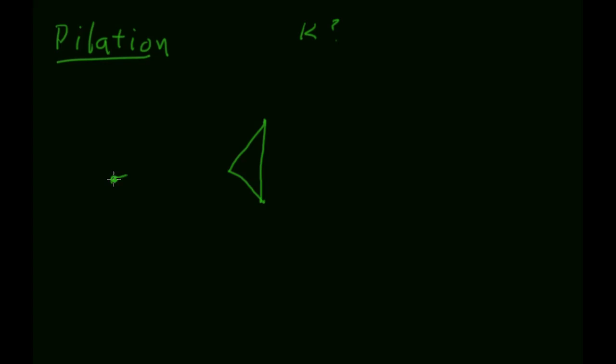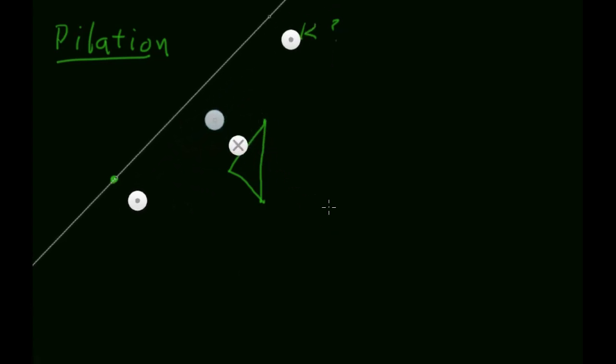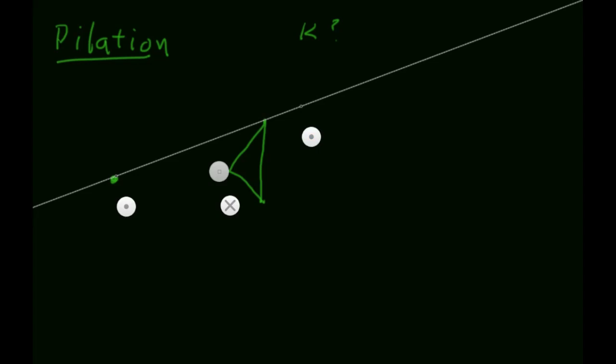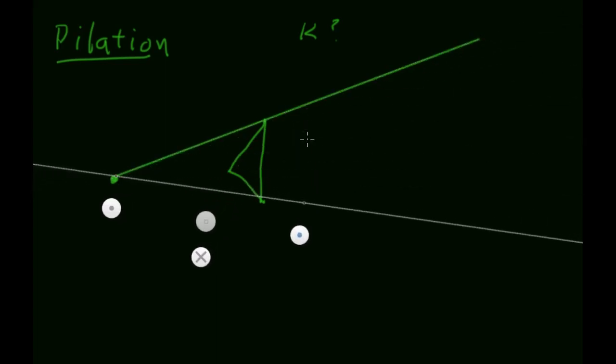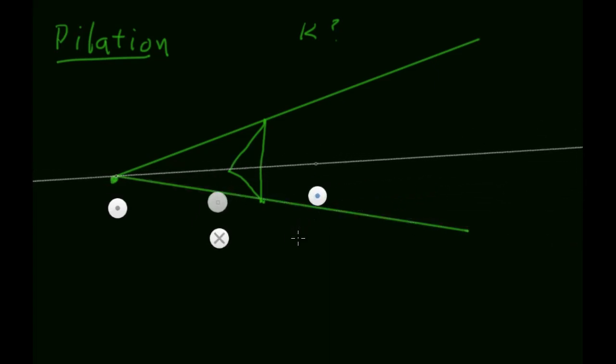We draw out rays from that point to the vertices of that object.